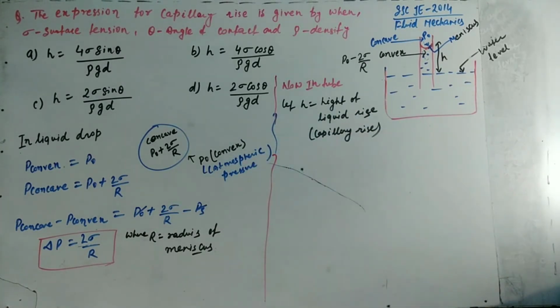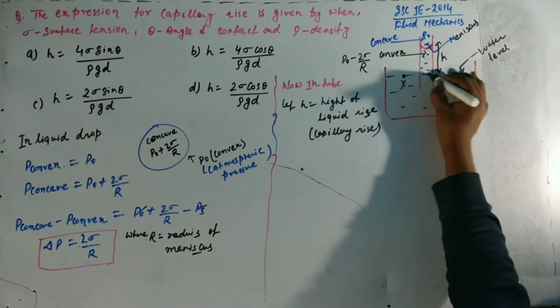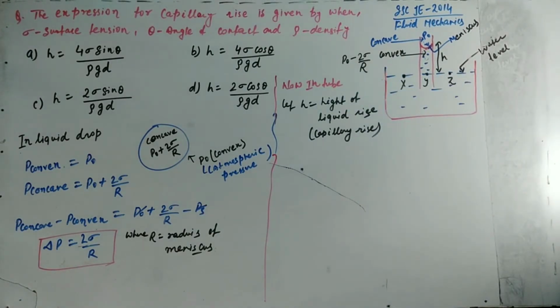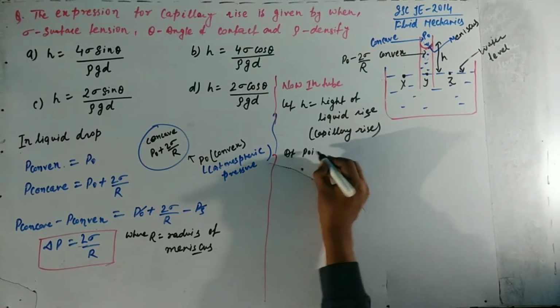Now we take 3 points in the water level, X, Y and Z. These 3 points are at the same level.